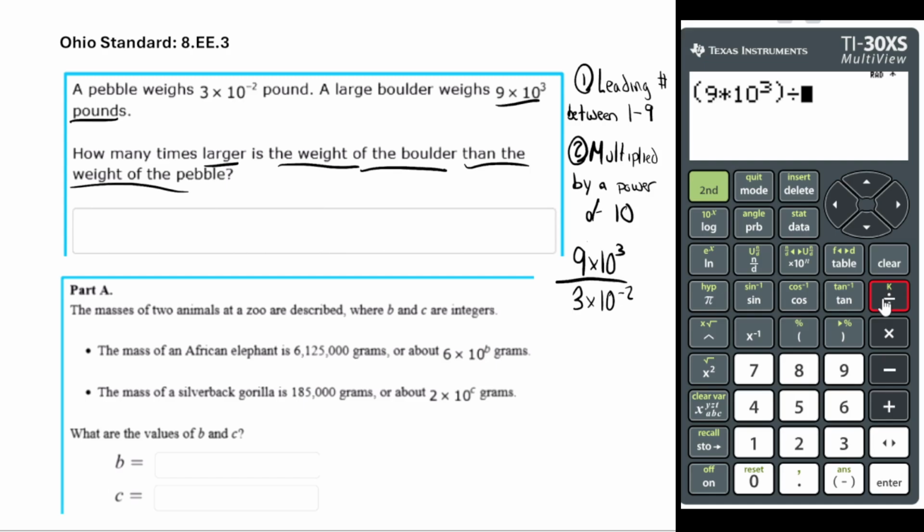If you don't put the parentheses when you go to divide by, say, 3 times 10 to the negative 2, it might mess up things, okay? So whenever you're dealing with numbers in scientific notation, always put them in parentheses. And just hit enter. 300,000. Answer done.